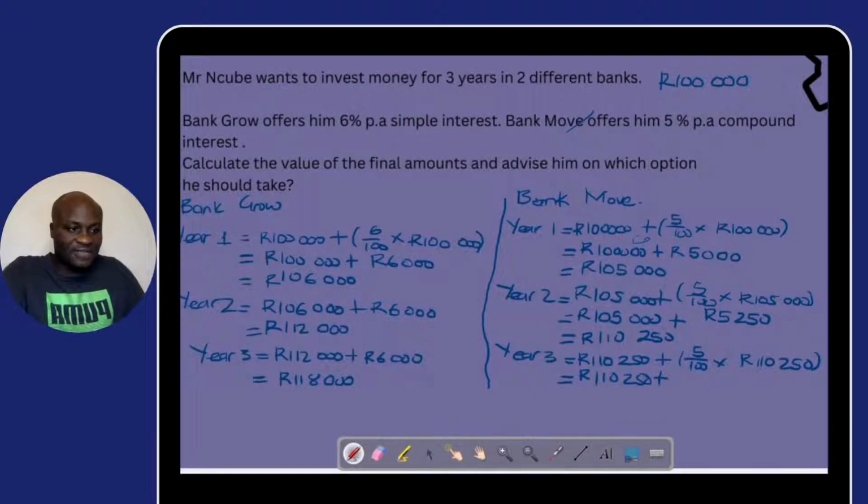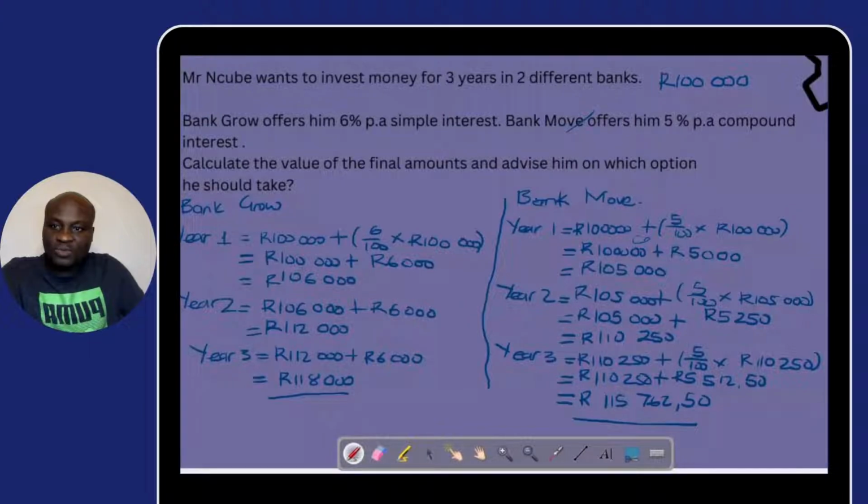It's 5,512 rands 50. And our final amount, when we put that together, is 115,762.50.